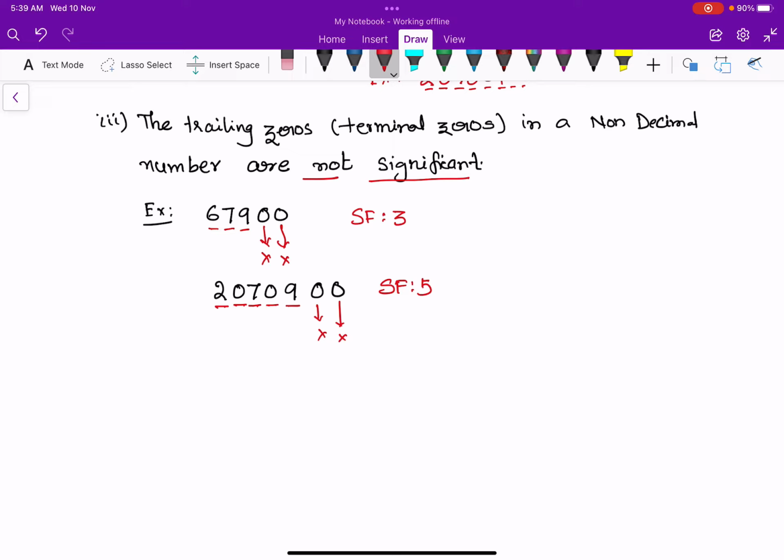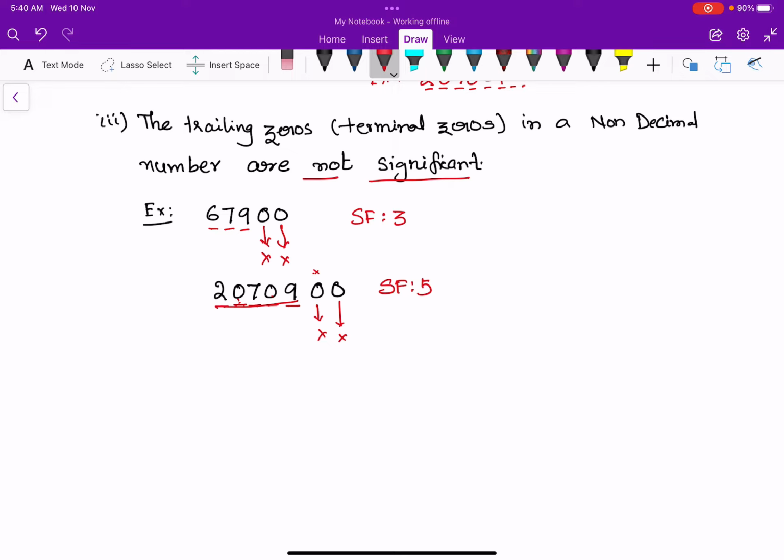So these are not counted. The zeros that exist between non-zero digits are considered and counted. So I have counted this one and this one. Total is 5. So this is about non-decimal numbers.